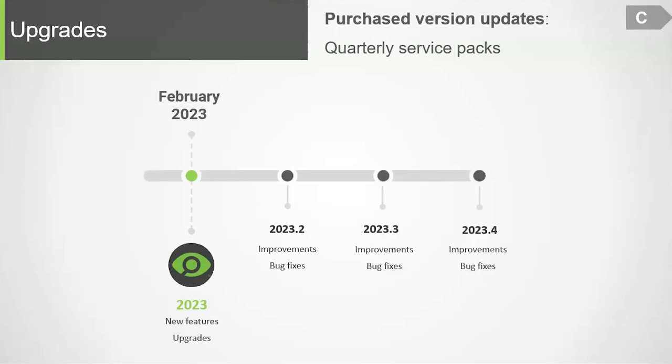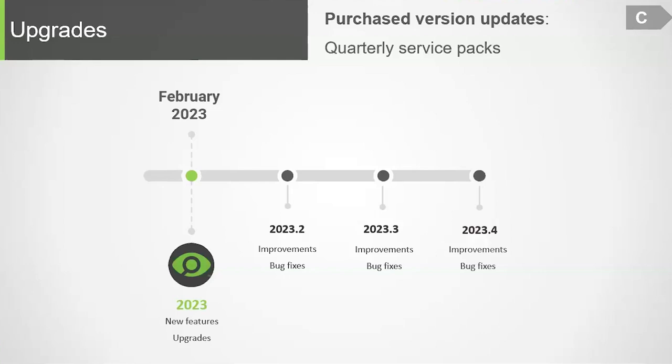In these quarterly service packs, there are improvements to the software and bug fixes. If you've purchased CATHEXISVision 2023, you can upgrade to 2023.2, 2023.3, 2023.4 free of charge. There's no additional cost to you, and it allows your site to stay up to date with the latest features and capabilities for that year.